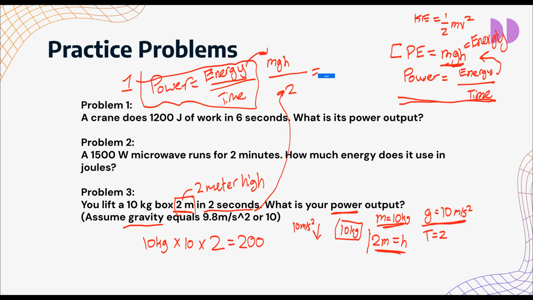And when we do that, we can substitute all the variables given to us, and then we get 200 over 2, which equals 100 watts, or 98 watts if you use 9.8. Does that make sense to you guys?